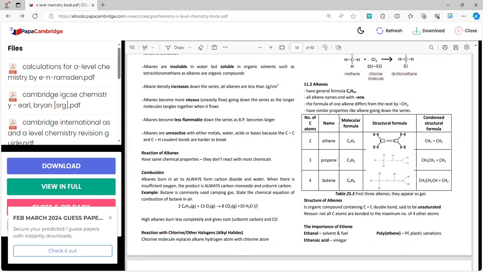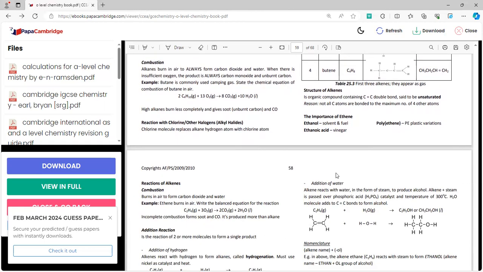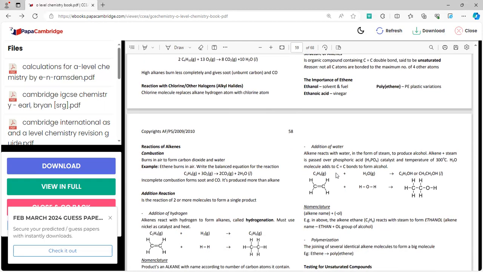Now we come to the other organic compound. These are alkenes. Alkenes have a carbon-carbon double bond between them, and this is their chemical formula, in which the number of hydrogen atoms is always double the number of carbon atoms. Now, unlike alkanes, alkenes have many chemical as well as physical properties. The important ones are similar to alkanes: they undergo combustion reaction, but the most important one is the addition reaction.